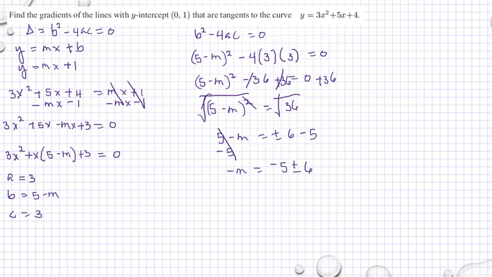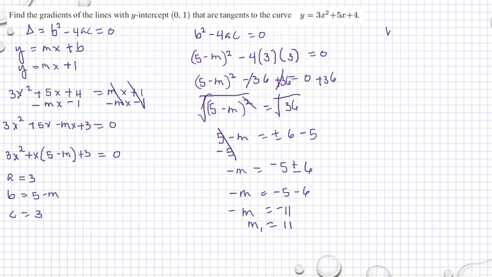Solving for m, we have negative m is equal to negative 5 minus 6, so negative m is equal to negative 11, and one possibility is m is equal to 11.